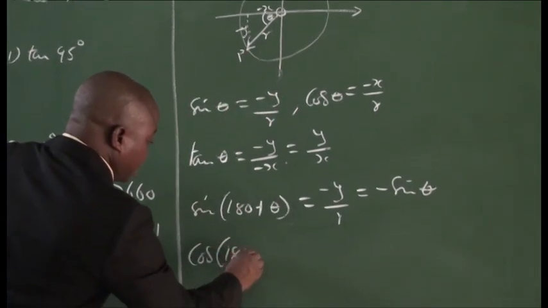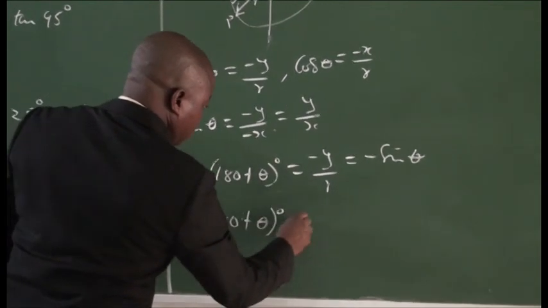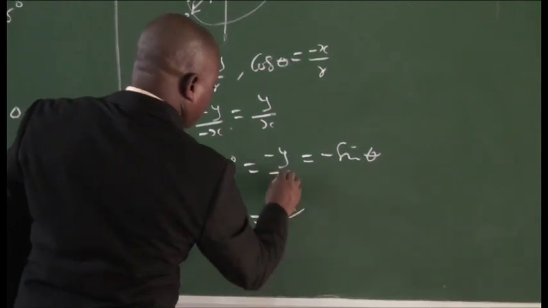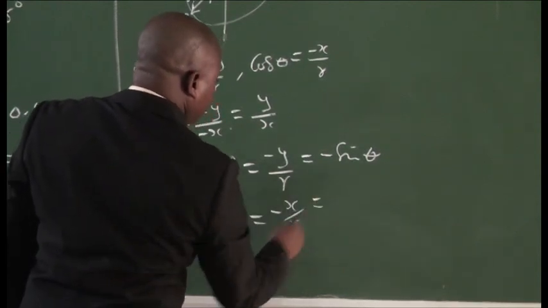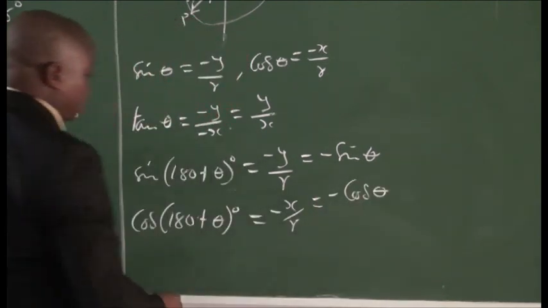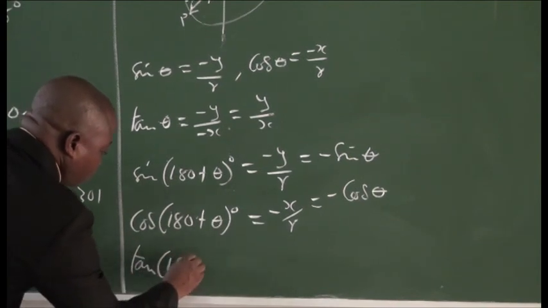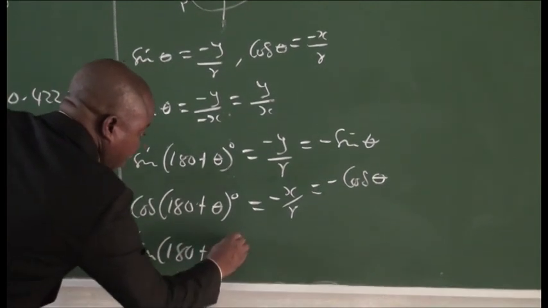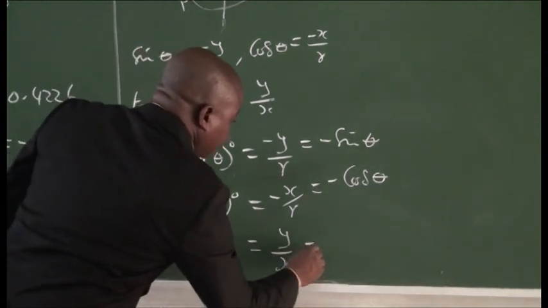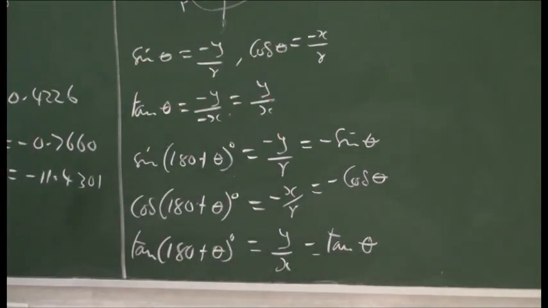Cos 180 plus theta is equal to minus x over r, and that is equal to minus cos theta. Tan 180 plus theta will be equal to y over x, and that is equal to tan theta.